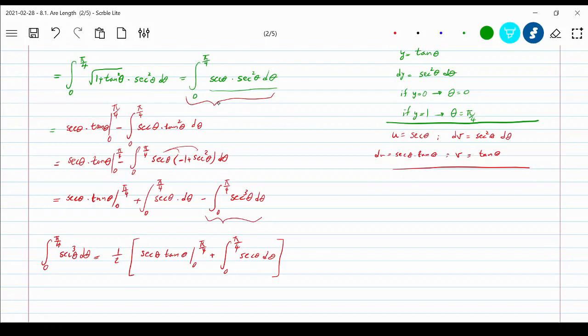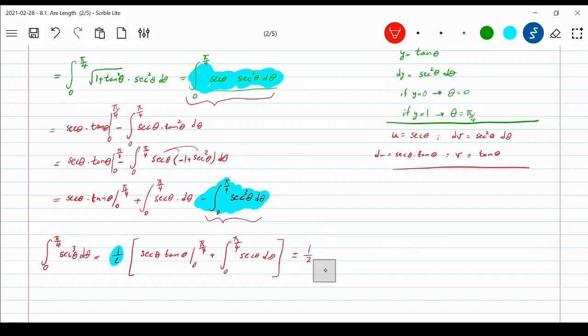Again, this integral showed up exactly on the other side of the equality, and if we move it to the left side, you get two of them, so you divide by 2, which is where that 1/2 shows up. And you can integrate the other integral as well. This is one of those theorems we calculated, the integral of secant. If you remember, I wrote it as a note. The integral of secant is ln of secant theta plus tangent theta.